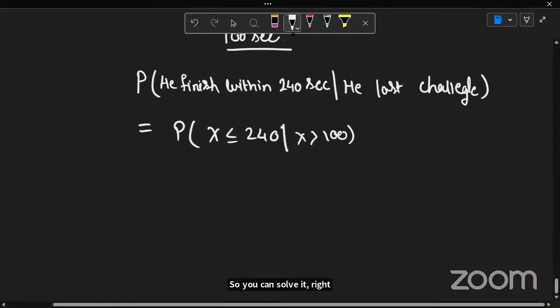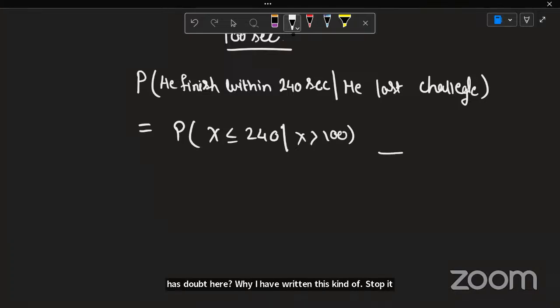So yes, you can solve it, right? Anyone has doubt here? Why I have written this kind of stuff here? More than 100, how come? See, he will win the challenge if he finishes in 100 seconds.